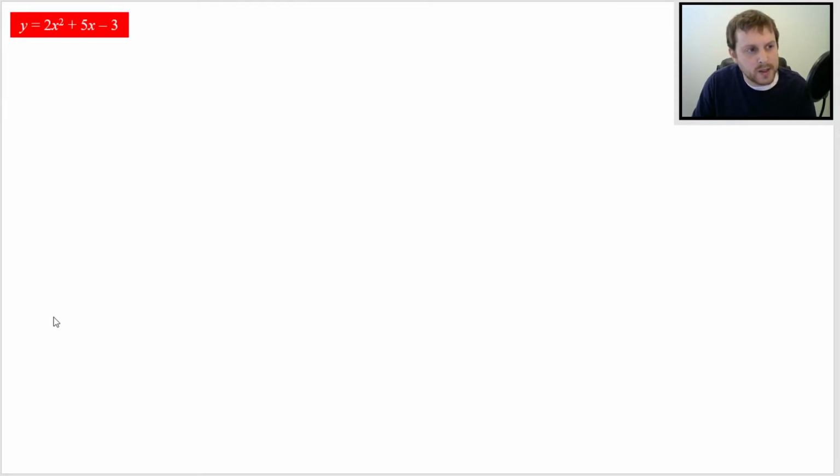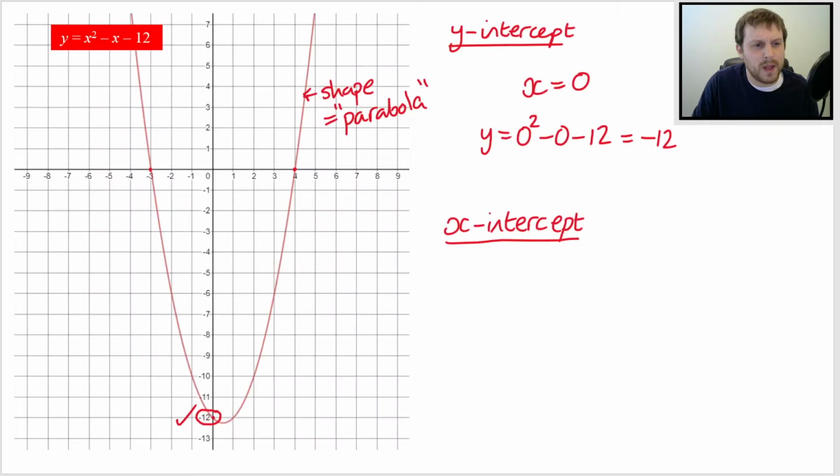But if I ask you where does it cross the x-axis, there's some work to do because it's y that will be 0, and then you actually need to know how to solve an equation like this. So this is what I'm going to show you. So for the x-intercept, let's remember the general strategy. The x-intercept is when y is 0.